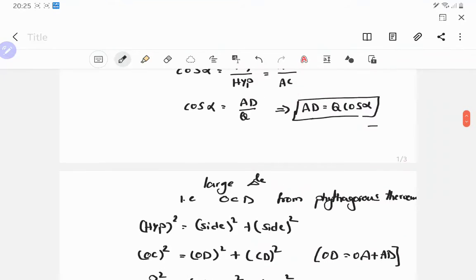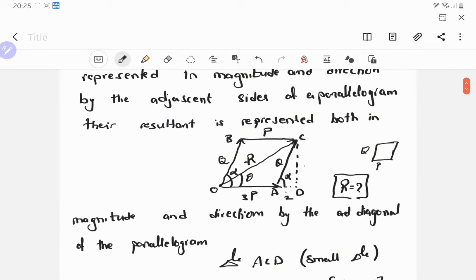Because if we see in the diagram, the resultant is shown by R, which has some angle theta. That means if theta is equal to 30 degrees, we can say the direction of the resultant is at an angle of 30 degrees. If theta is 90 degrees, we can say the direction is moving to the north side. And if it is 45 degrees, the direction is in between, towards the northeast. So that is why theta indicates the direction of the resultant.